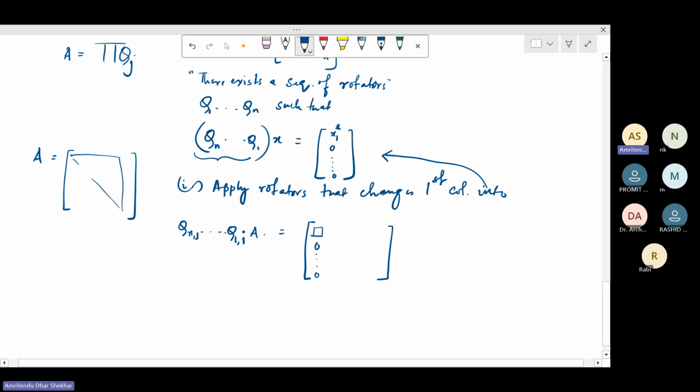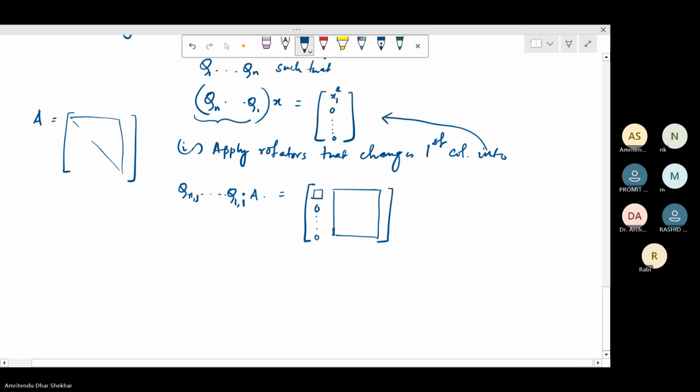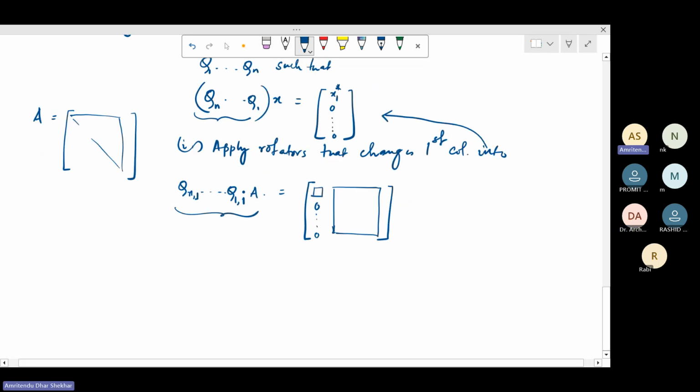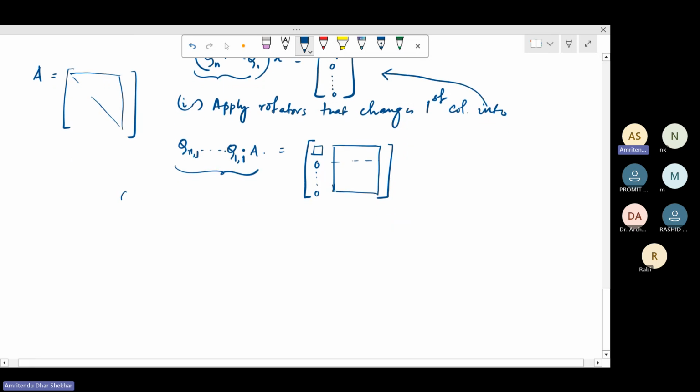Rest everyone is zero. And the rest of the matrix may have changed appropriately. Doesn't matter. Okay. So now you apply this process again, but this time with respect to the second row. So again, you apply a series of transformations. I'm going to write it as qn comma 2 up to, let's say, q2 comma 2.